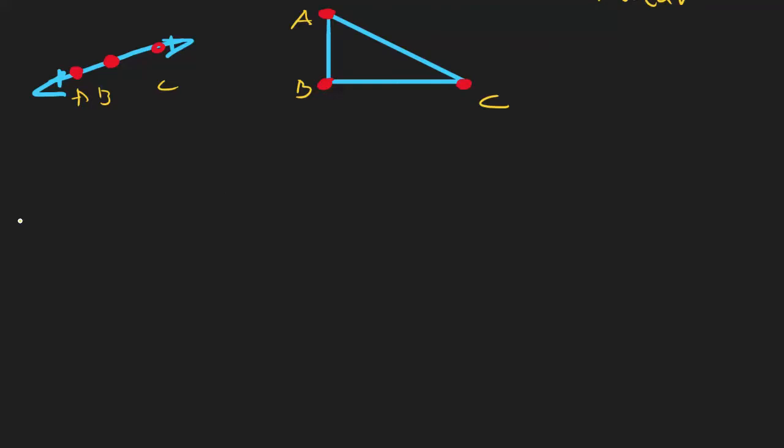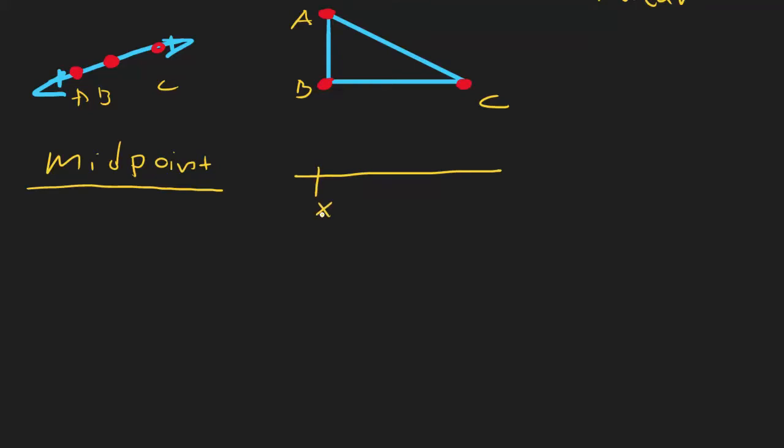So what we'll look at next is this idea of having points that lie along the same line, which gives us the idea of what is called the midpoint. In either case, we could look for the midpoint. Let's say we consider x1, and then we have x2, and this is going to be our midpoint. We'll call it M. Well, M is in the middle of x1 and x2, right?